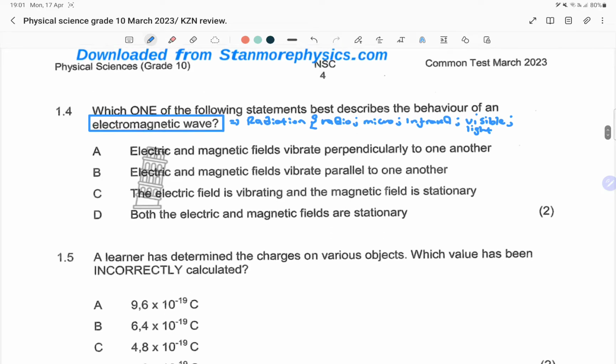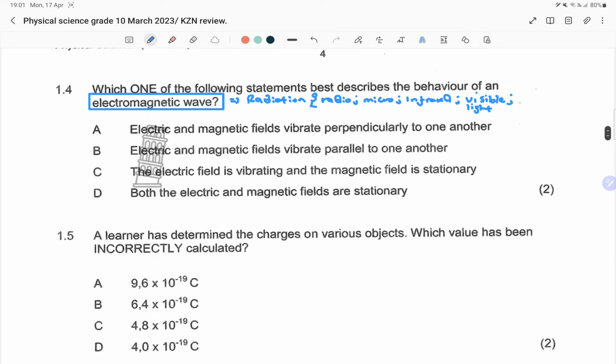And then from here we're going to ultraviolet. Let's just say UV. Okay? From ultraviolet we get X-rays. Okay? And then we get gamma rays. Okay. Now, let's just leave it at that.